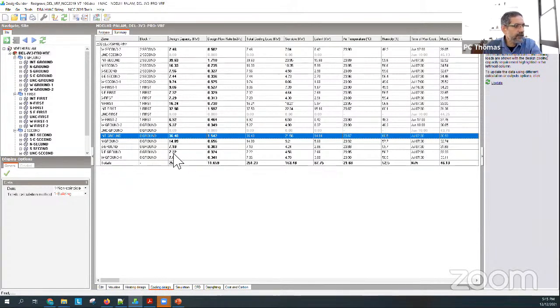Okay, and you can see the total here, 251 kilowatts. The flow rate here is in meter cube per second, or if you multiply that by 1,000, liters per second. So this is 11,659 liters per second. Again, you can convert from liters per second into CFM, cubic feet per minute.